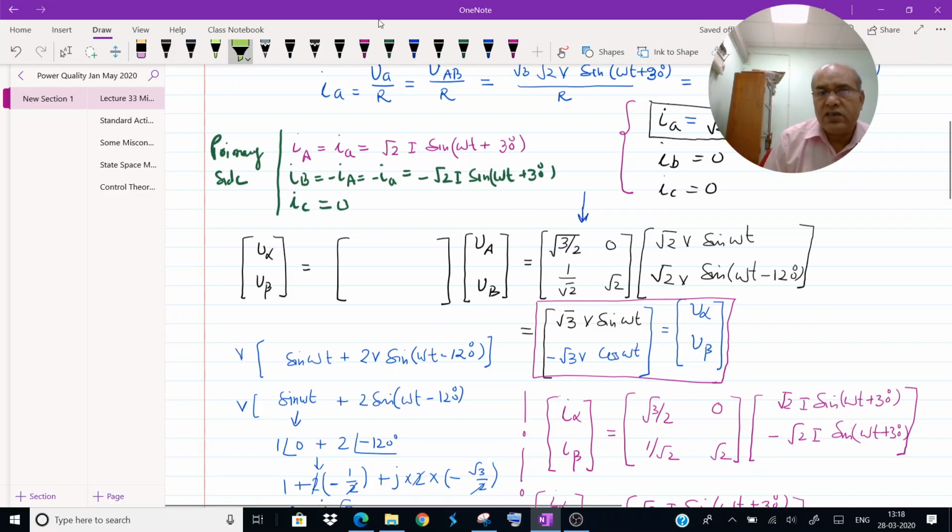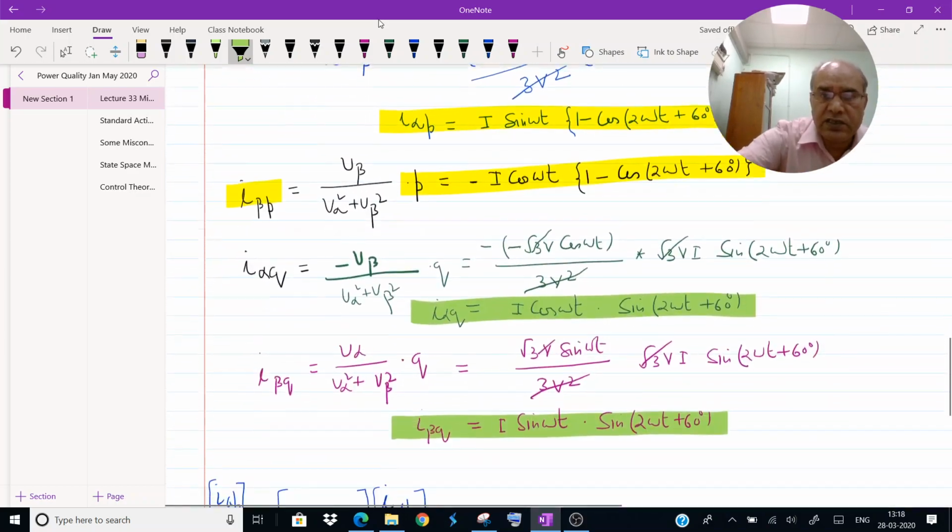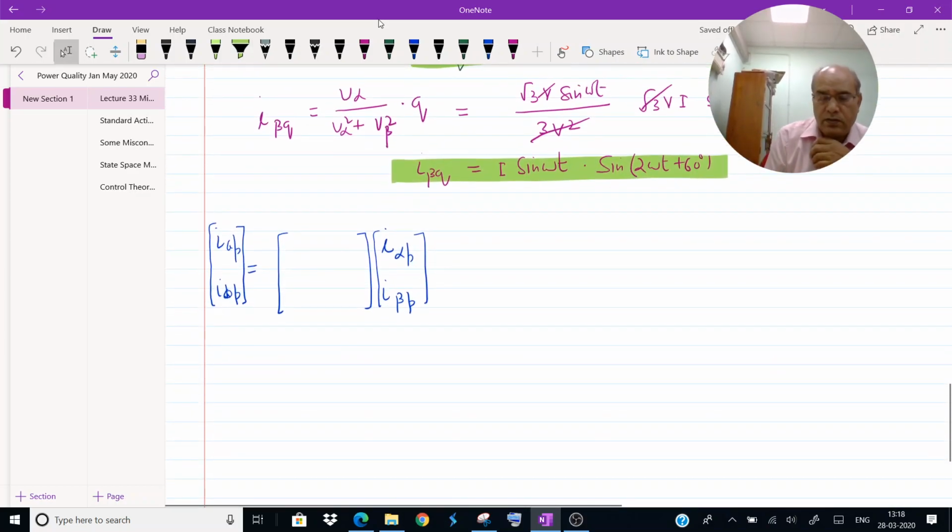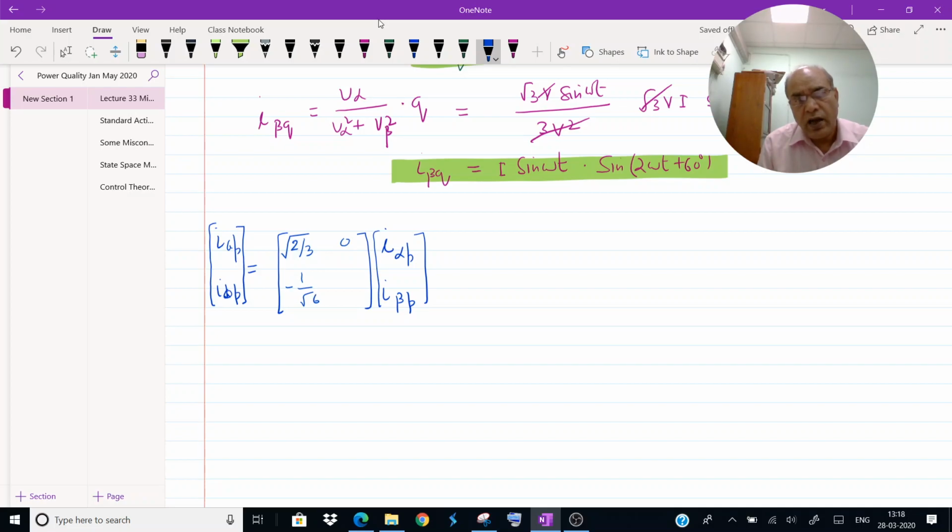Alright, so the inverse of this matrix will give you the value of alpha in terms of A and B. So the inverse of this matrix is this, nothing but square root of 2 by 3, this is 0, this is minus 1 by root 6, and this is 1 by root 2.